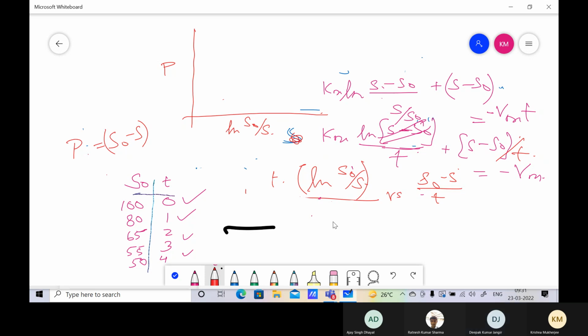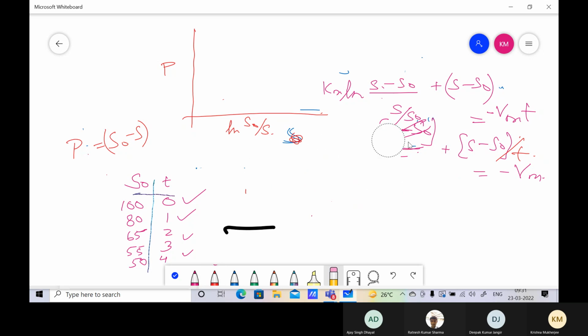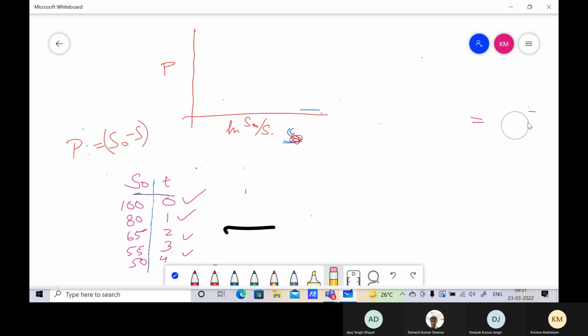So the question really is, and that is why I want you to go back now and think about what we did wrong here. Remember our basic equation was, let us write it again so that you are clear about where we are. If you think that this by t versus this by t is the correct plot, think about the equation again.